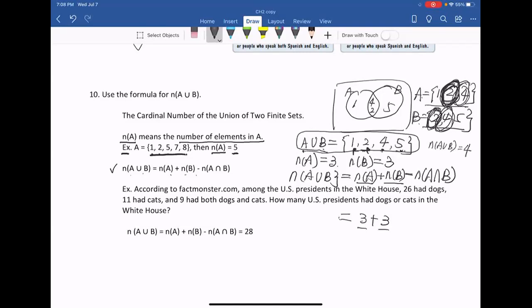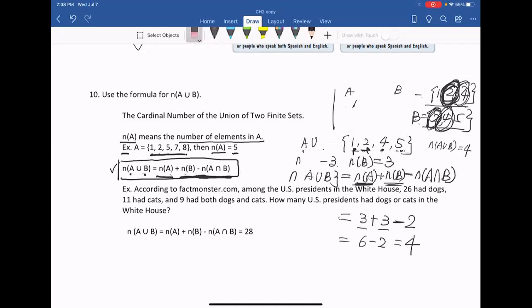So we must use n of A plus n of B minus the intersection of A and B, which is 2. So that's 6 minus 2, which is 4. Remember, this is the formula to find the cardinal number of A union B. It equals n of A plus n of B minus the number of elements in the intersection part.